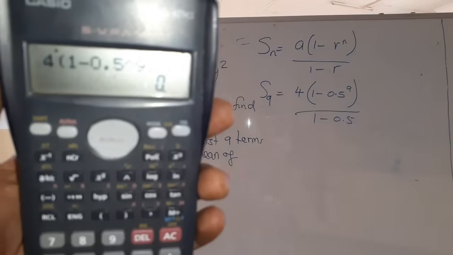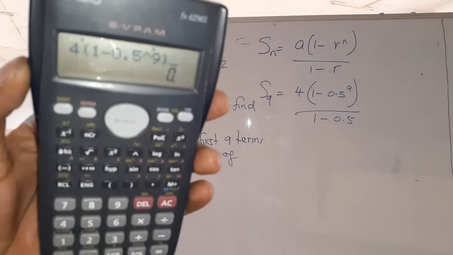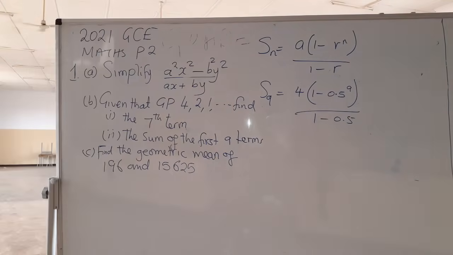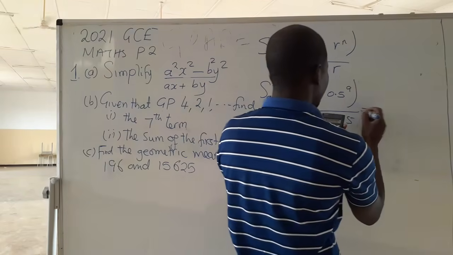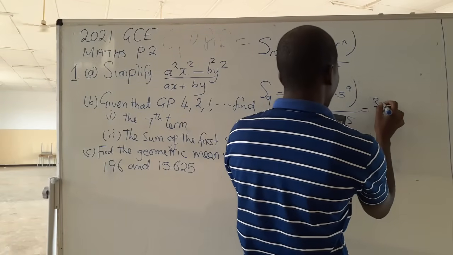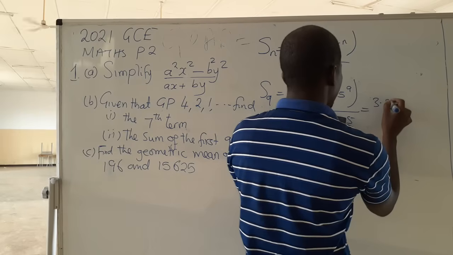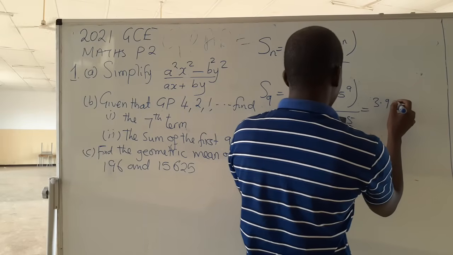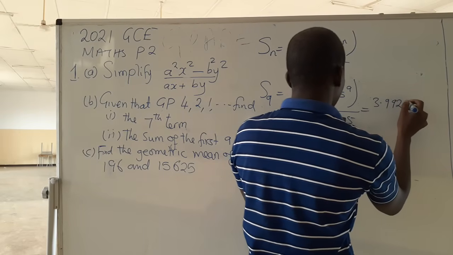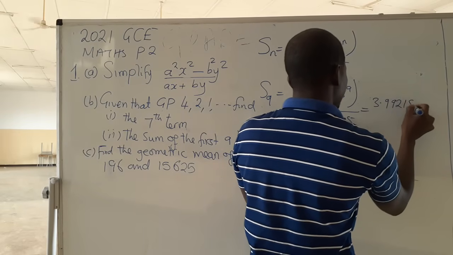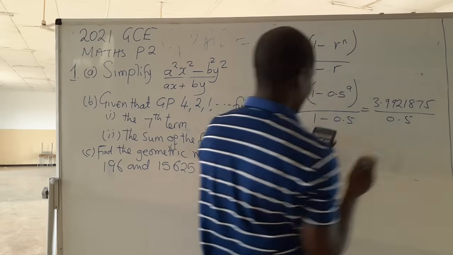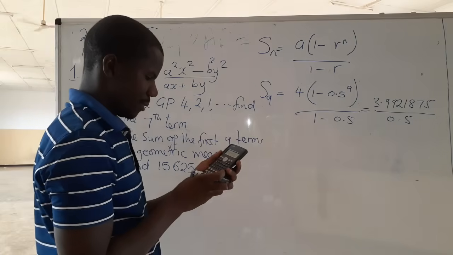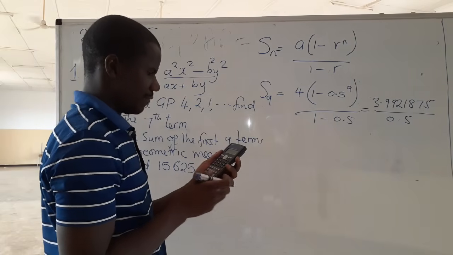Are we able to see this one? Just like this. And we say equals. So equals, we're going to get 3.9921875 divided by 0.5. Okay, divided by 0.5.